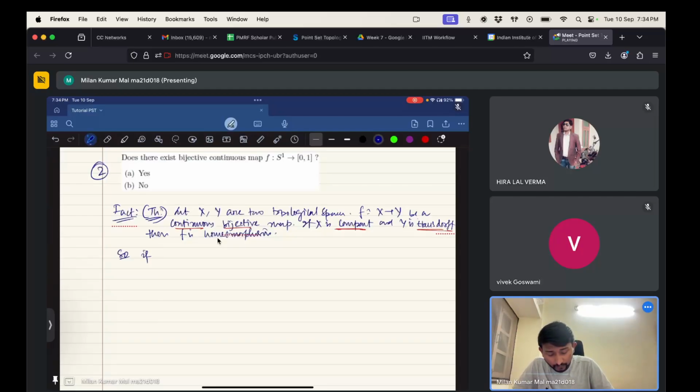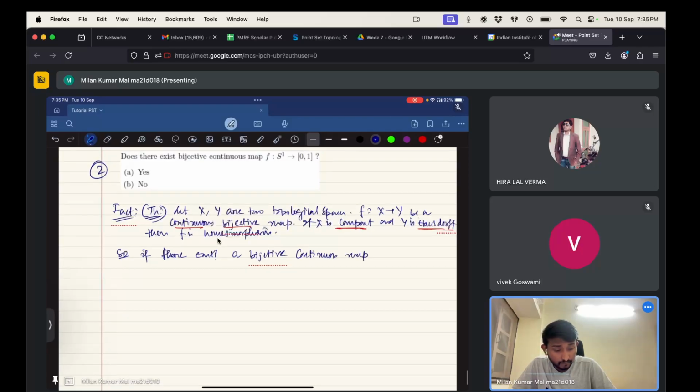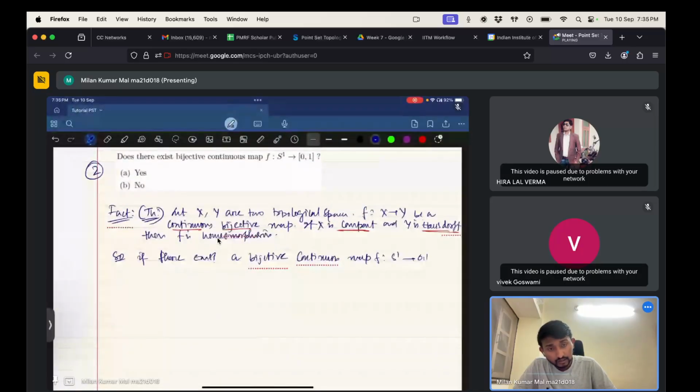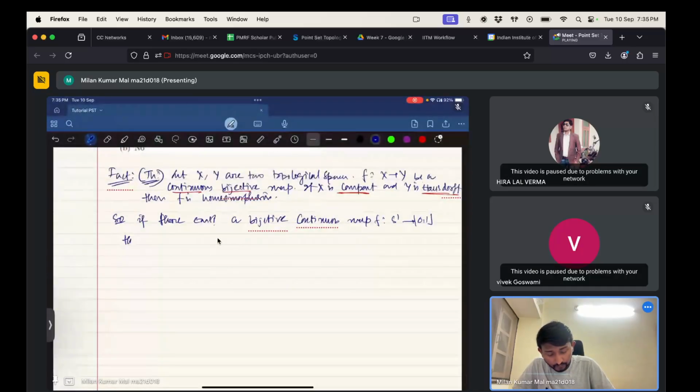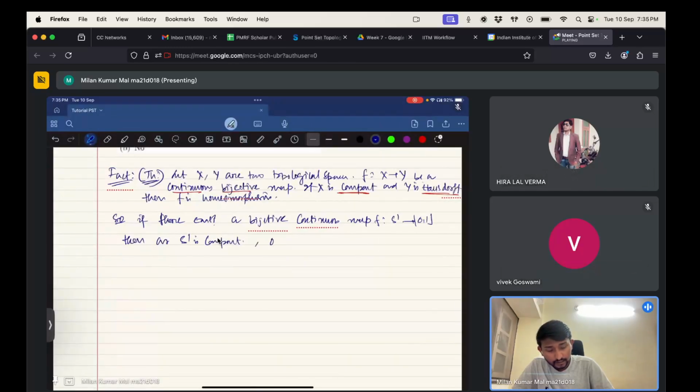So if there exists a bijective continuous map F from S1, meaning the circle, to [0, 1], then as S1 is compact and [0, 1] is Hausdorff, F will be a homeomorphism.